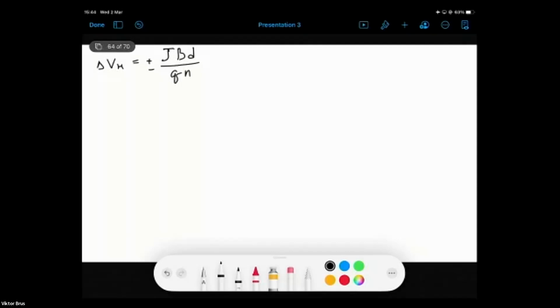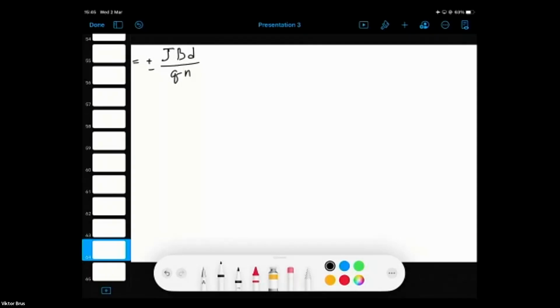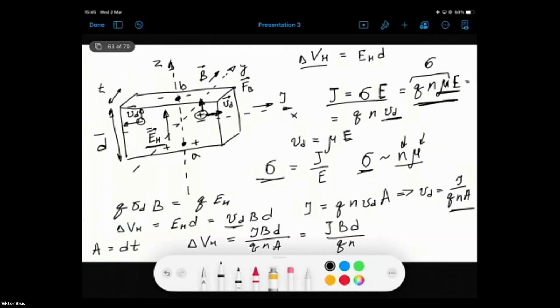So actually the sign of this polarity, the polarity of Hall voltage will show us which type of charge carriers is dominating in this conductor.